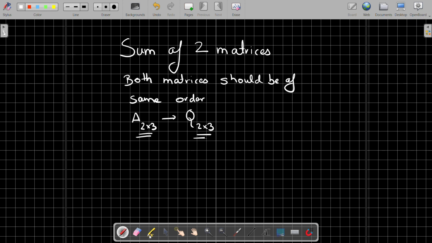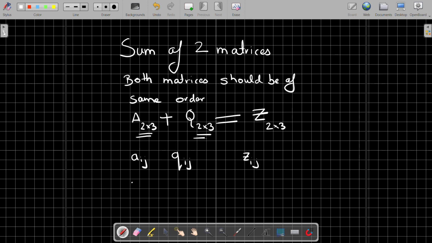Now, coming to elements, how are they added? Let's say that the general element in A is Aij, and the general element in Q is Qij. Let's say we add these two matrices together, plus, and we get the resultant sum as, let's say, a matrix Z. This matrix will also be a 2 by 3 matrix, and let's write the term as Zij.